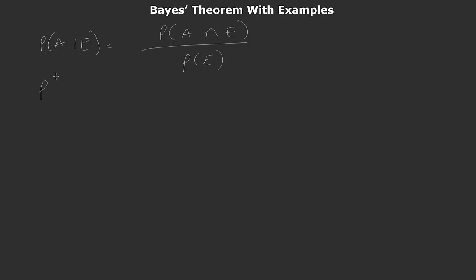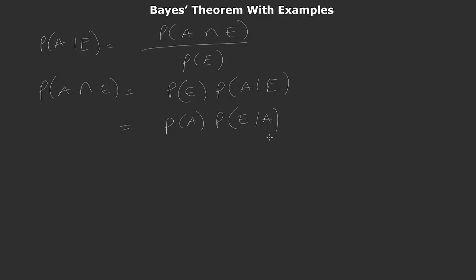Remember that we have the joint probability of A and E to be the marginal probability of E times the probability of A given that E has occurred. And we also know that this is the same thing as the probability of A times the probability of E given that A has occurred, right? So what does this mean?